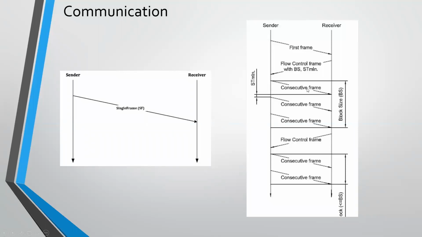Many people confuse ST-min as the time between 2 consecutive frames, but in actual it is not. ST-min is the time from when the sender sends the consecutive frame and gets the acknowledgement, till the next consecutive frame is sent. If ST-min is configured 0, immediately after sending the first consecutive frame, it will send the second consecutive frame.